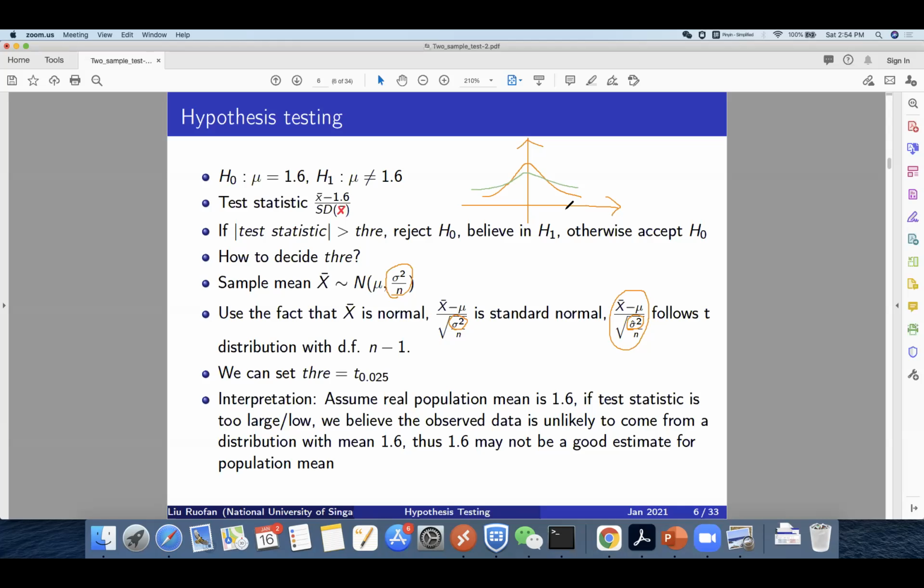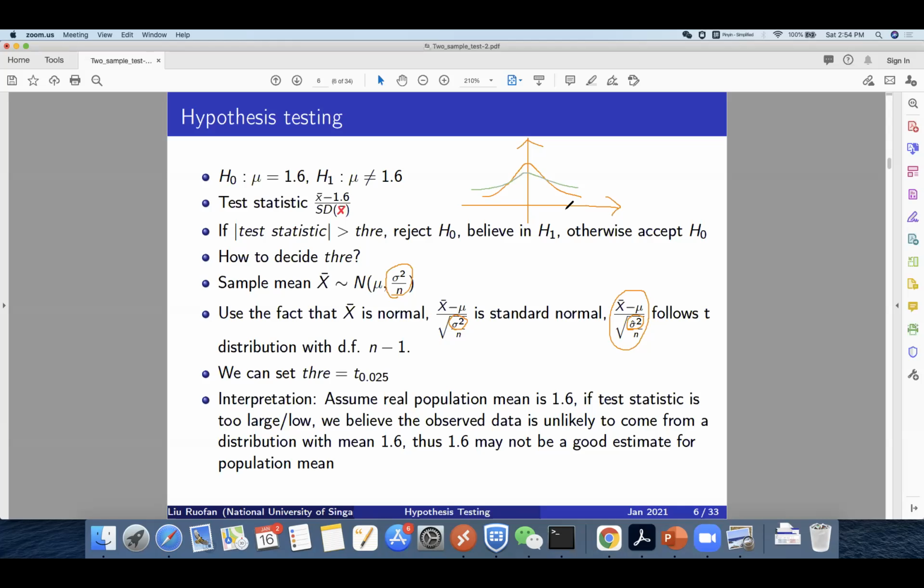But the t distribution cannot be obtained by changing the normal distribution's parameters. Given the t distribution, there must be a form.